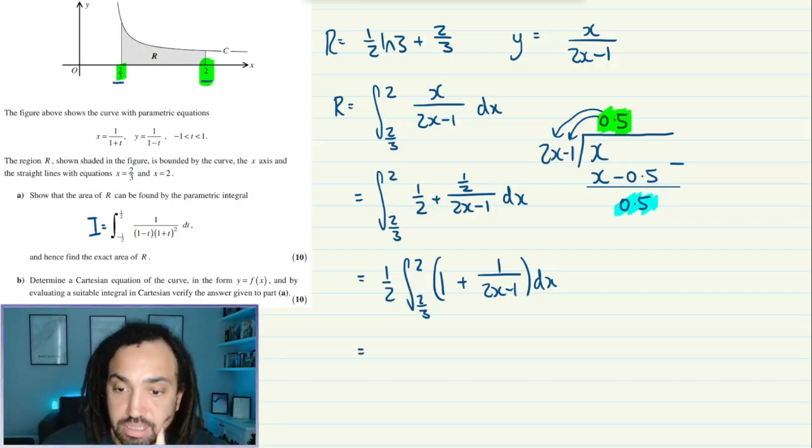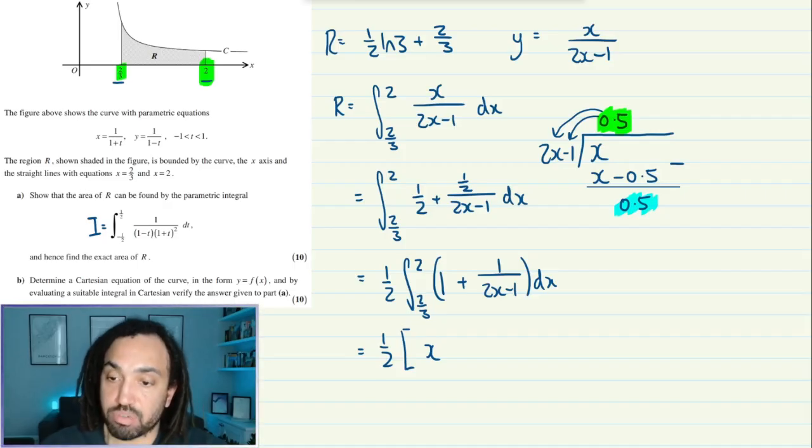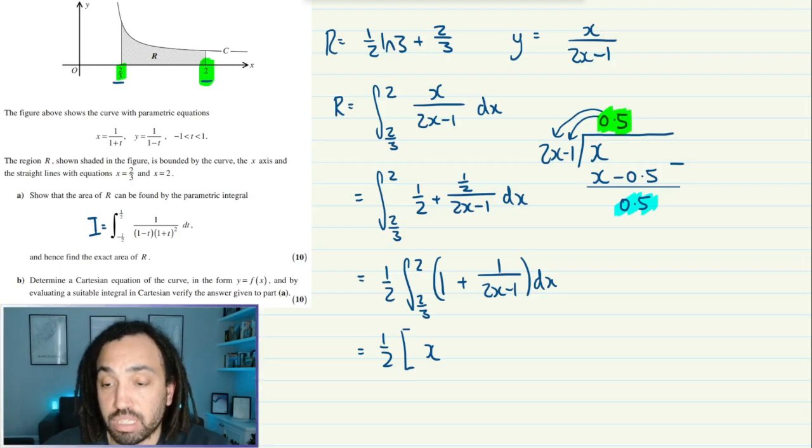Okay, so now that we can integrate directly, and that will give me x, and it will give me, well, it's not quite the derivative of the denominator on the top.